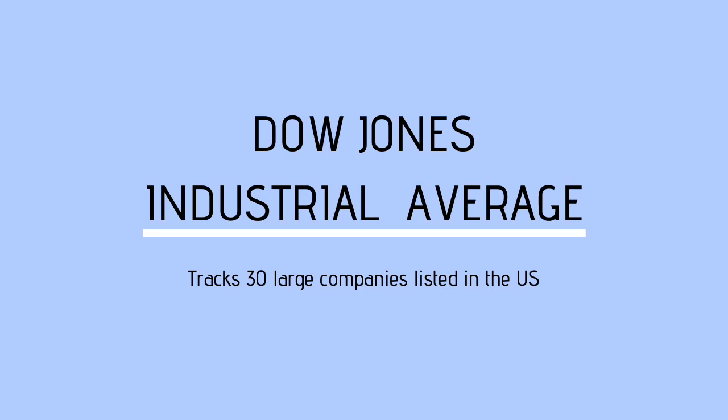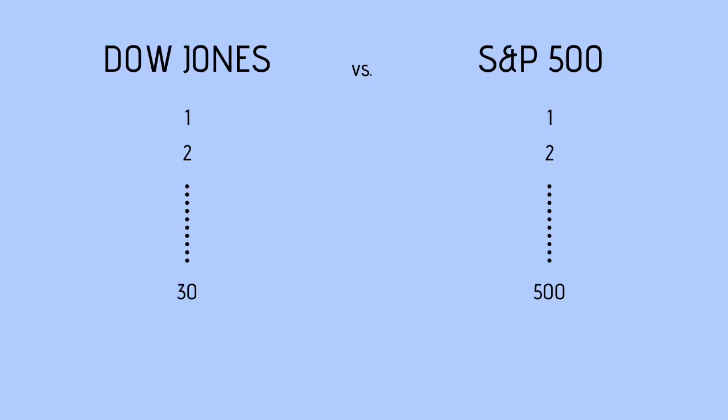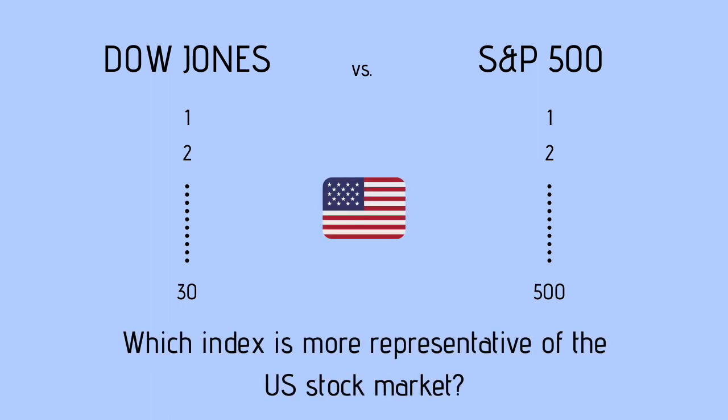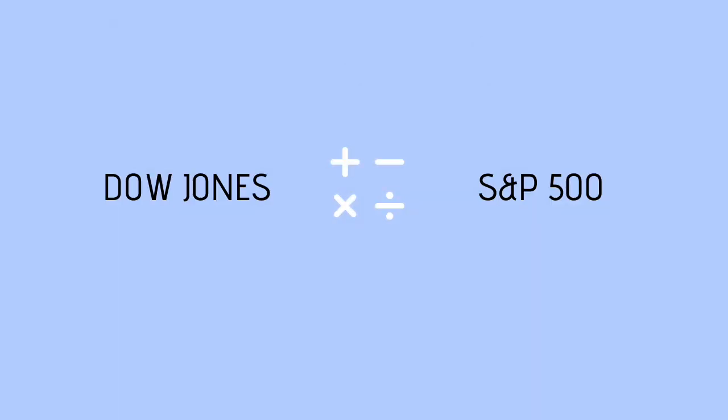The Dow is just as popular as the S&P 500, but it has been criticized for not being representative of the US market, as it only has 30 companies. The other big difference is that the Dow Jones uses a different calculation method to the S&P 500, and this brings me to my second point.